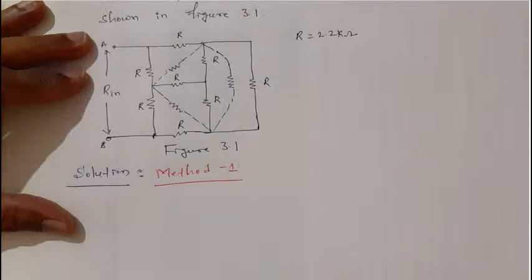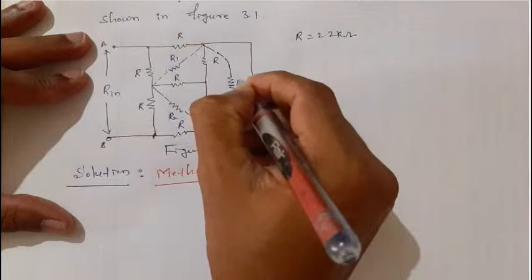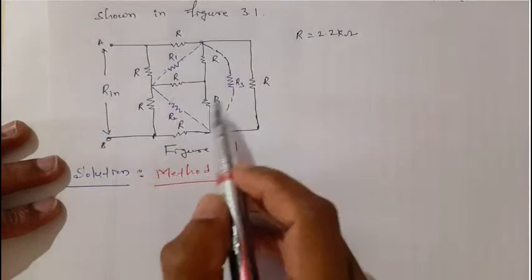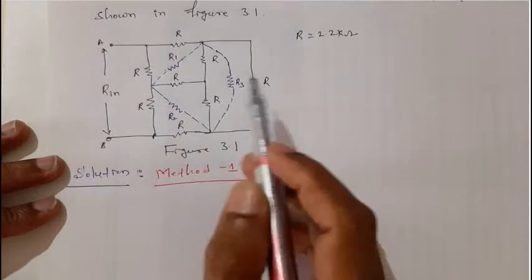Okay, and I call this resistance R1, this R2, this R3, right? Means these three R will be converted to R1, R2, R3.